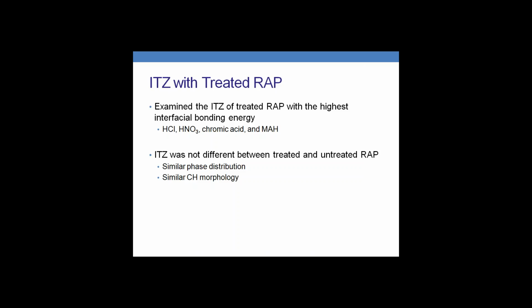So then, I'm skipping over some more tests we ran, but of course we also look at the ITZ. These treatments are affecting the actual asphalt, but is it then affecting the ITZ, that area of 50 microns extending into the matrix?